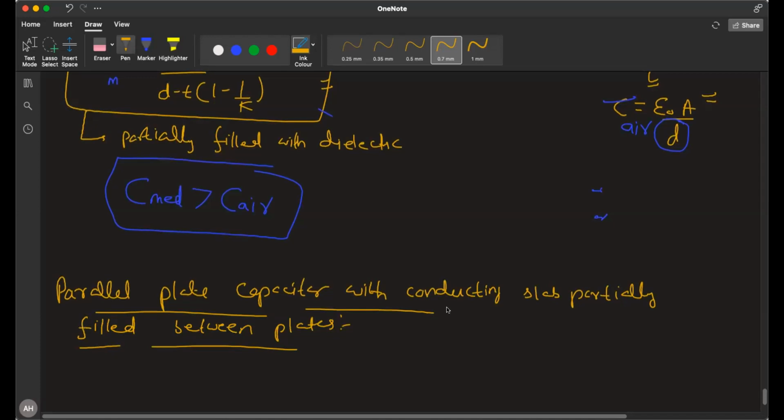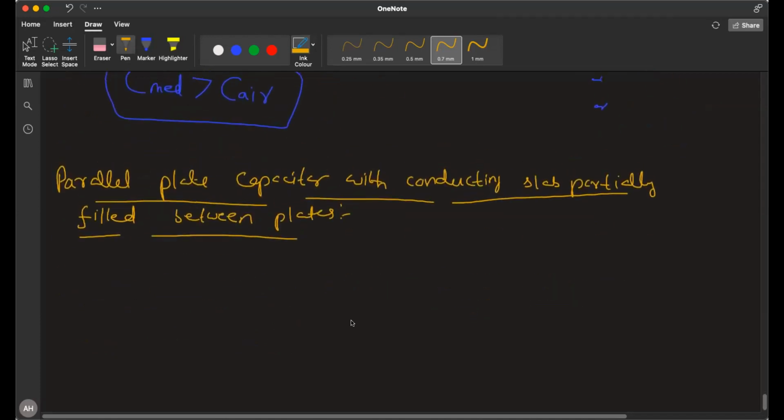So you have parallel plate capacitor with a dielectric slab partially filled. Then you have parallel plate capacitor with a conducting slab partially filled.